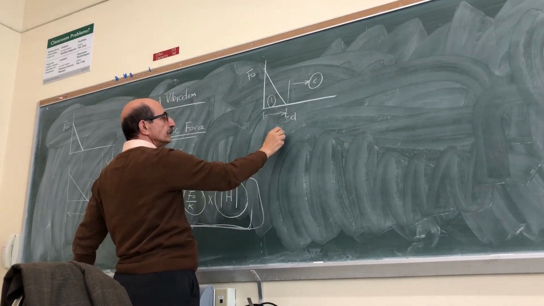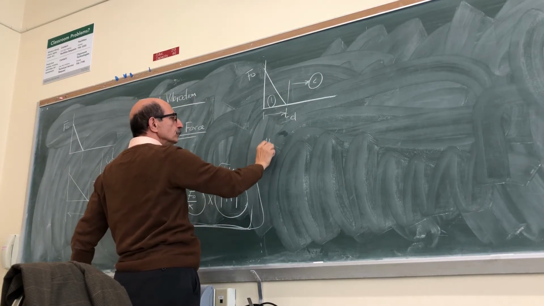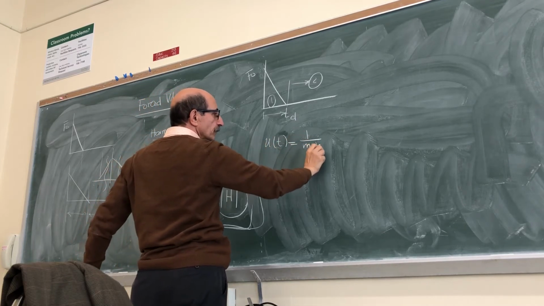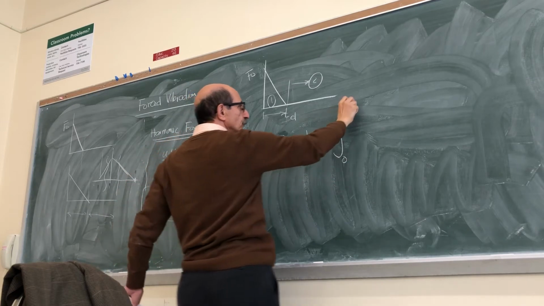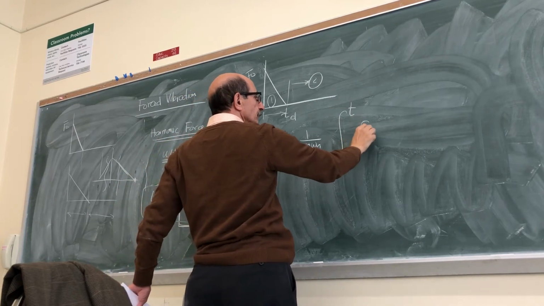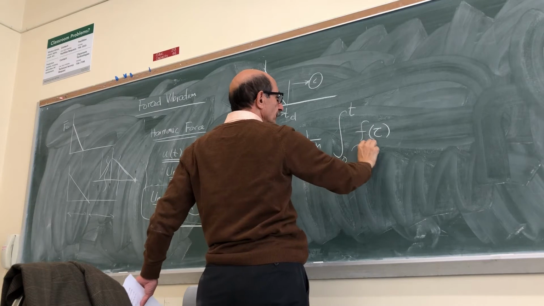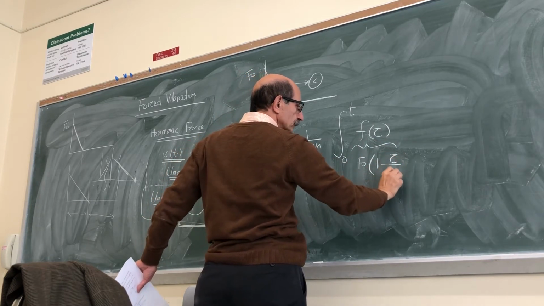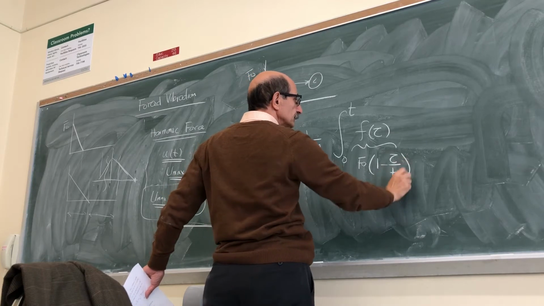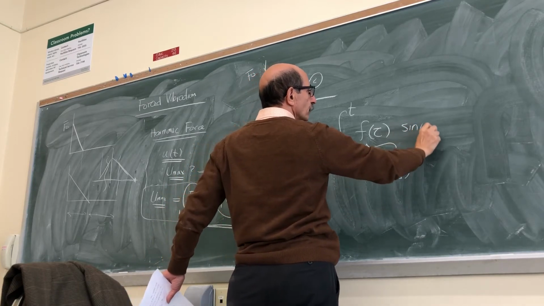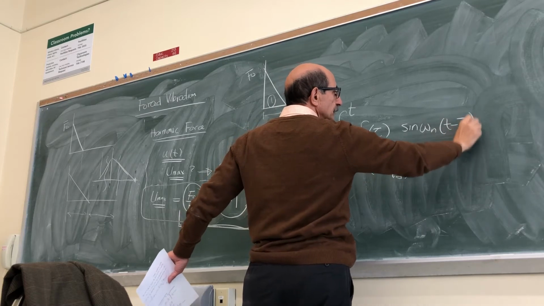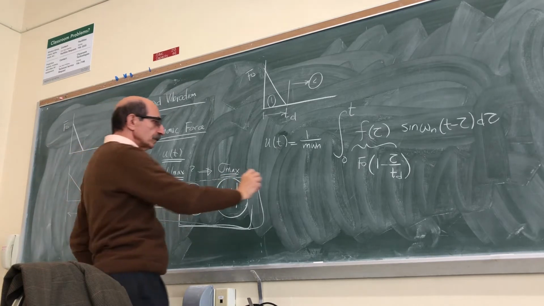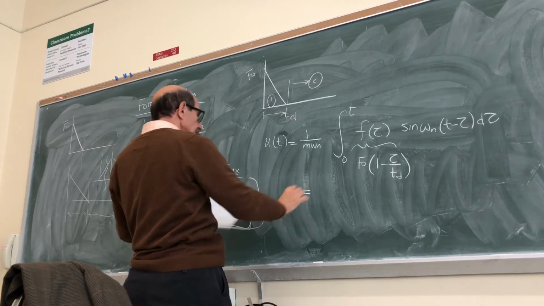For region 1, u using the Duhamel integral was 1 over m omega_n, integral from 0 to t of f of tau, which in this case was f_0 times 1 minus tau over t_d times sine omega_n (t minus tau) d tau.